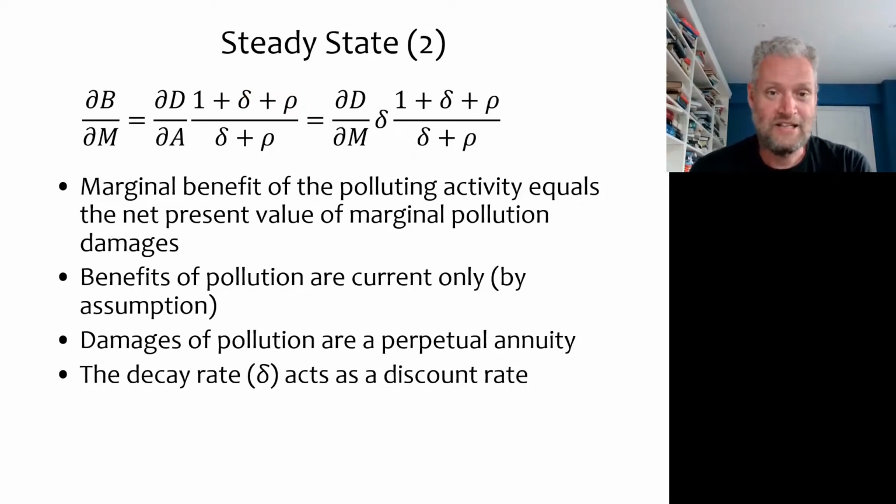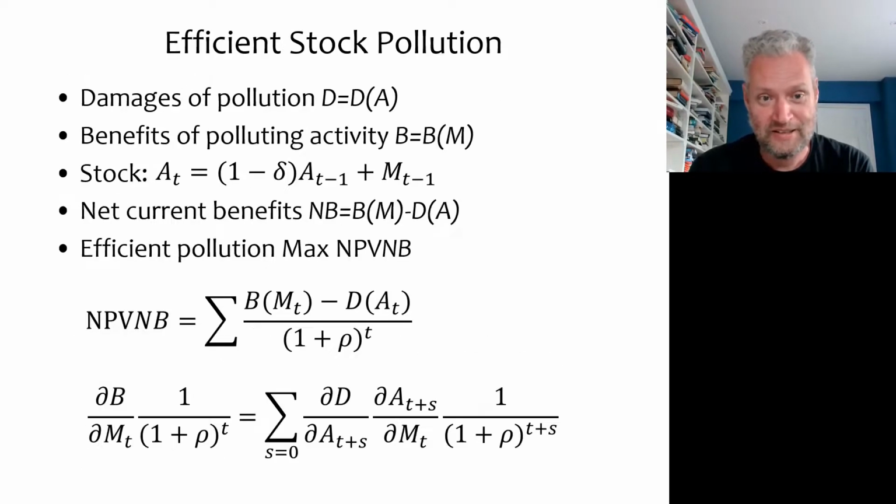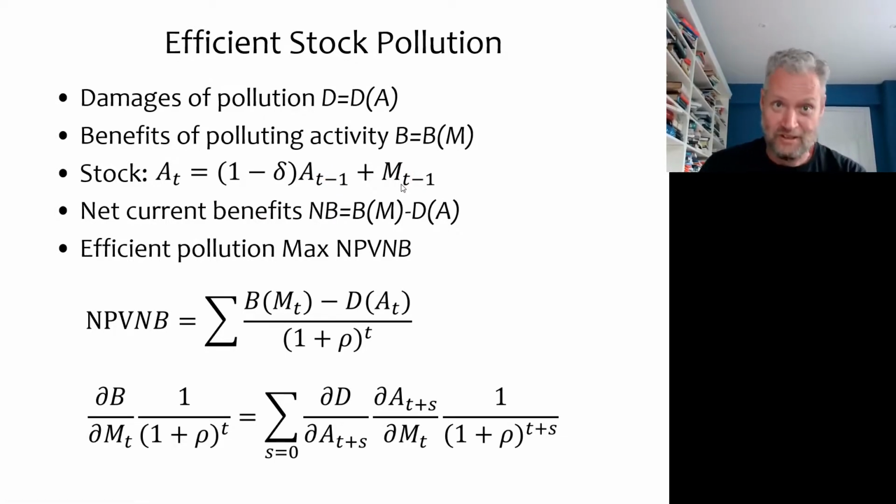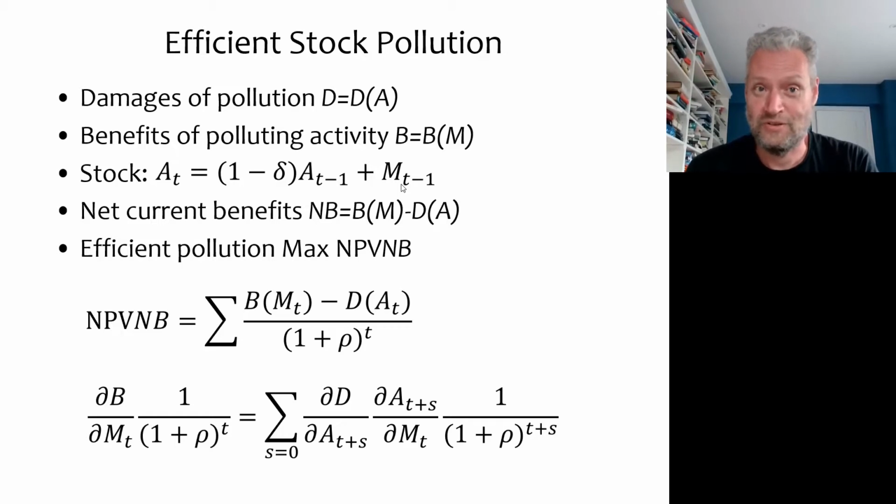And it has a very similar interpretation, because this equation tells you, well, if you put pollution into, say, the atmosphere today, there's a lot of pollution today, but only a fraction of that remains next year, and a smaller fraction remains the year after that, and a smaller fraction the year after that. So you actually care less and less about the pollution that you put into the atmosphere.